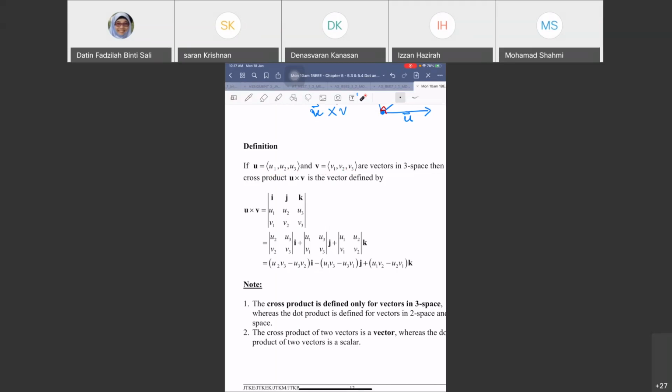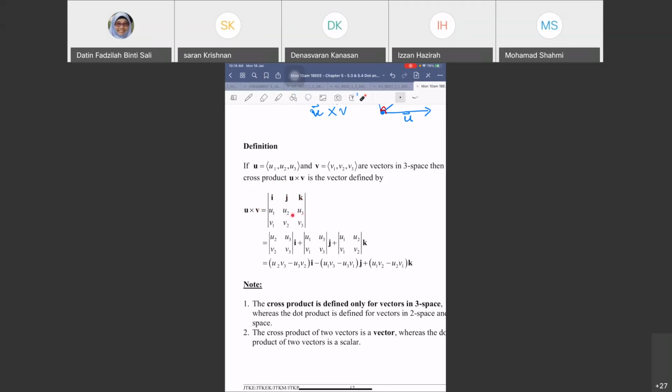Then the cross product u cross v is the vector defined by this: you need to set up a 3 by 3 determinant where the first row is your vectors i, j, k.